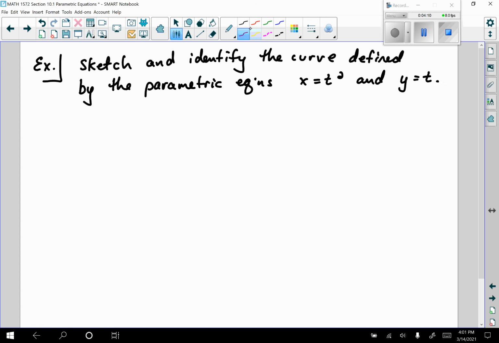So first we're going to create a table. That's how we always learn to graph any function that we've been looking at before, and it's not going to change here. Everything's easier if we make a table to help us plot points. So I'm going to include t, x, and y.